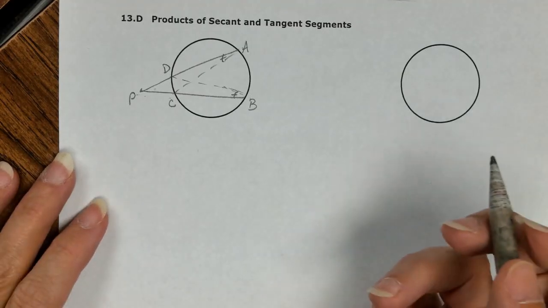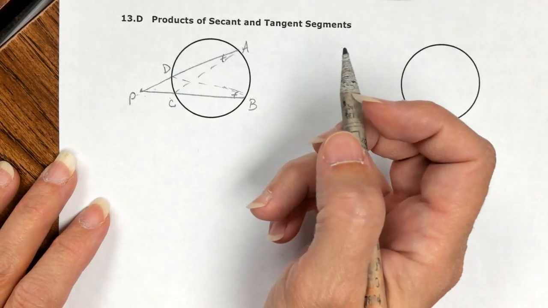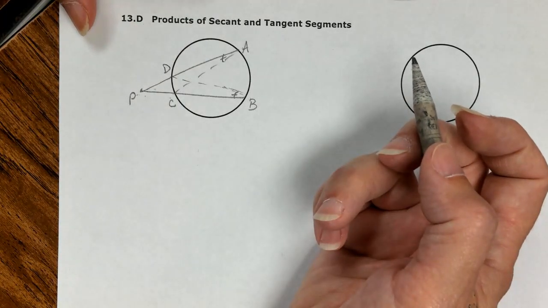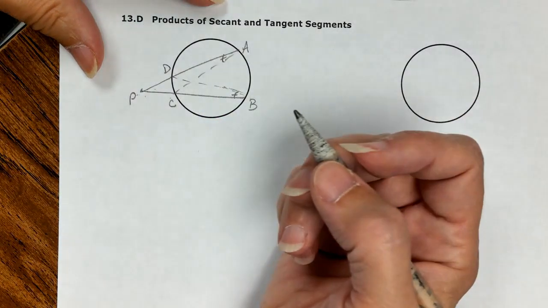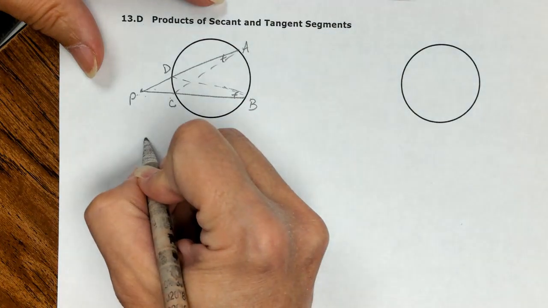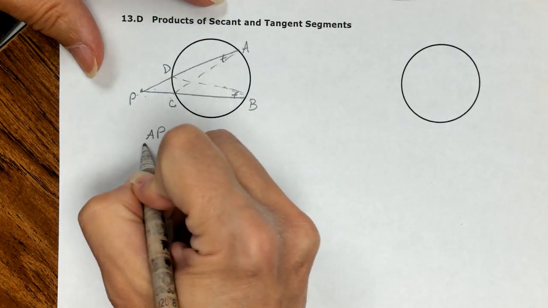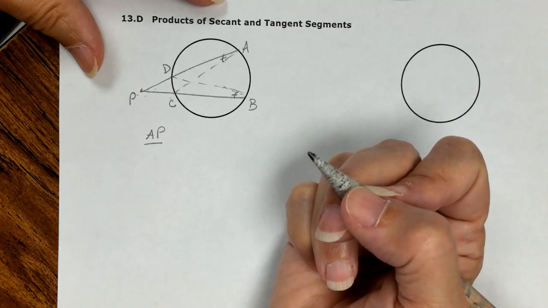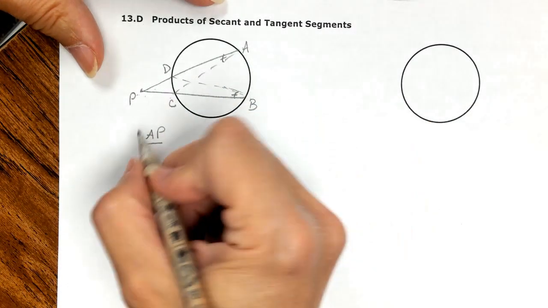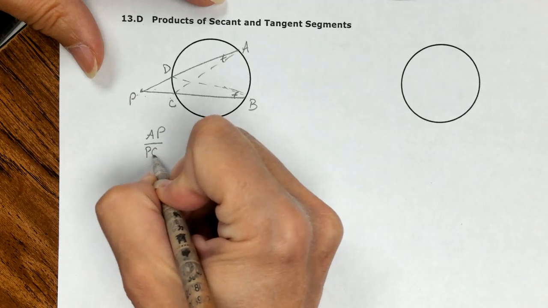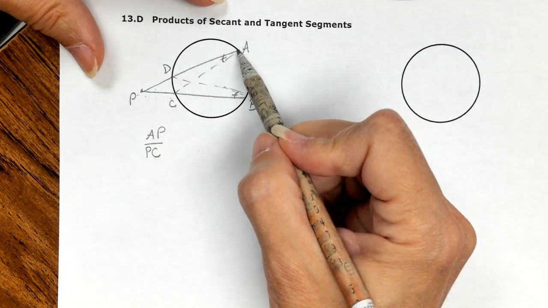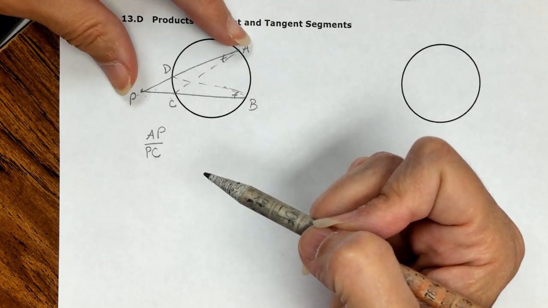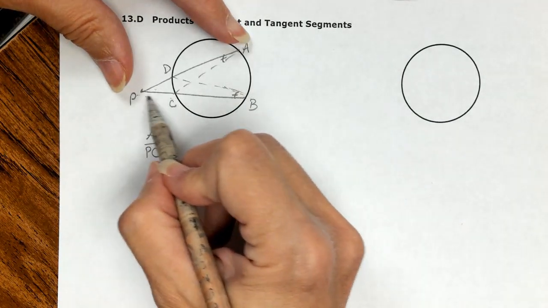And so that means, let's say, AP over PC. Okay, this is from triangle APC. I did this long side over this short side.